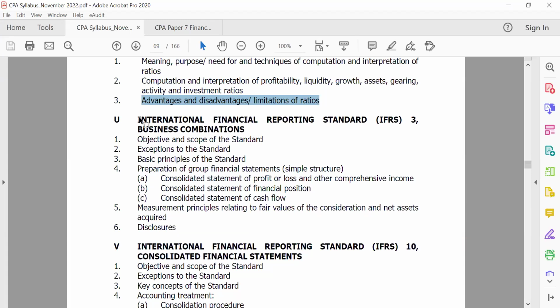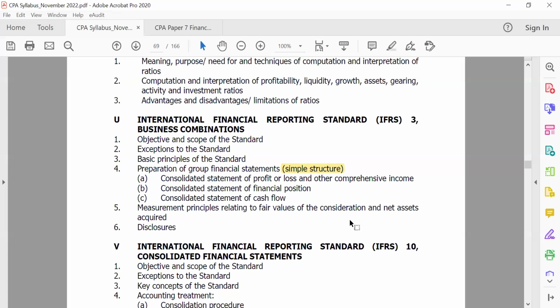So then we are now starting business combinations. Like we said, part of our learning outcomes is to ensure that we learn how to consolidate our financial statements. And specifically here, we use a simple structure, because this is a foundation topic for the complex group structures that you find in the advanced financial reporting paper.